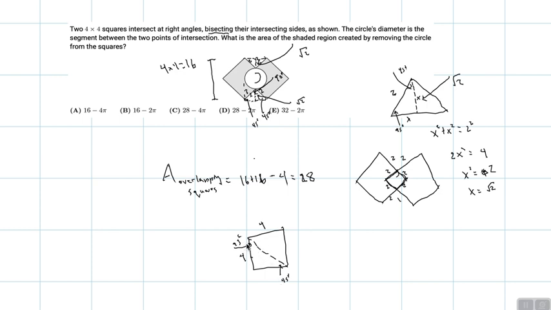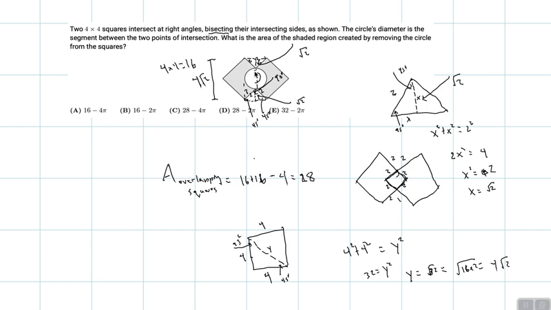This is 4, and we can solve for this diagonal. Let's call it y. So 16 plus 16, 32, is equal to y squared. So y is equal to the square root of 32, which is root 16 times 2, which is 4 root 2. So this whole length is 4 root 2.